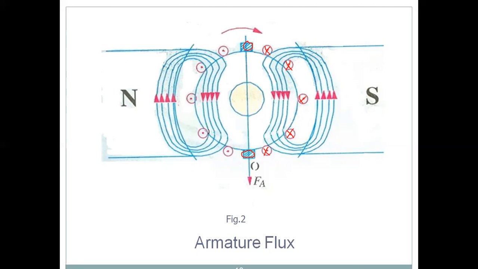Now, the left side portion of the brush I have considered as dots. Then dot is nothing but current coming towards the observer.